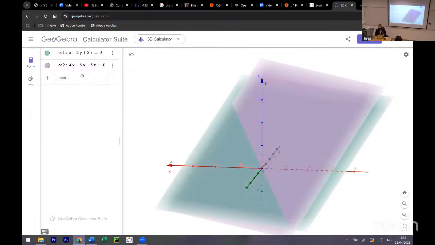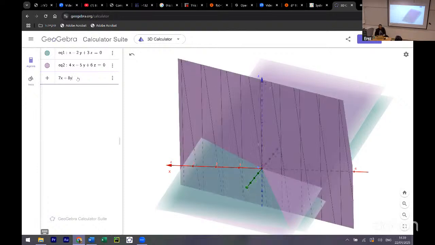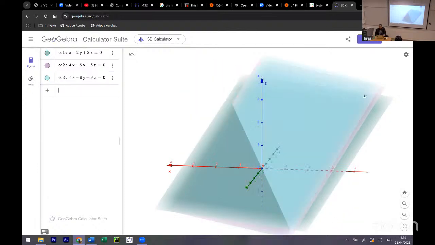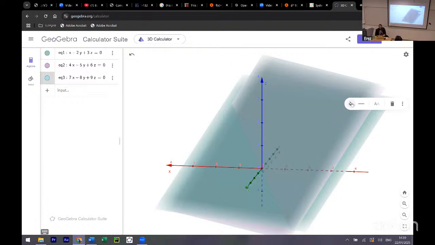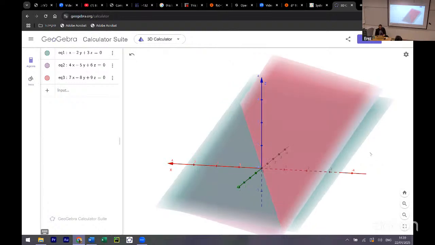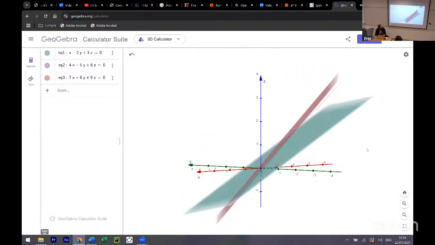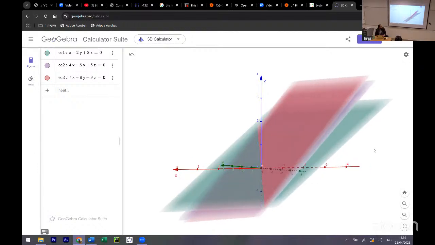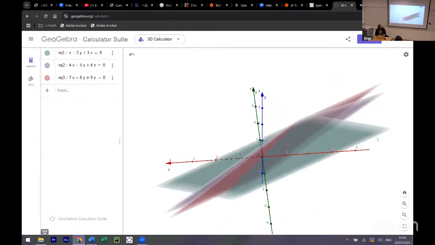But let's take, and I have it ready here, so I'll do it. The first two planes are the planes I wrote, and the last one is 7x plus 8y plus 9z equals 0. That is the last plane. I will change its color. And you can see, what is the intersection of these three planes?